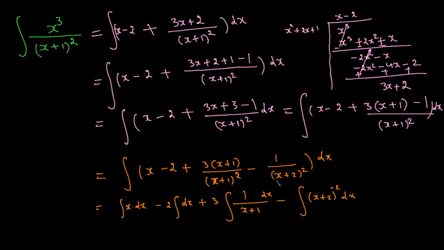Okay, and we're gonna use the same formula again. What was that? So if you remember, the integration of ax plus b raised to power n is equal to ax plus b raised to n plus 1 over a into n plus 1. So that's the formula we're gonna use over here. Okay, so let's write down our answer.